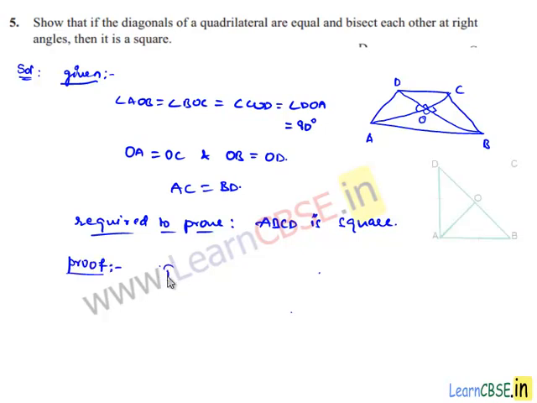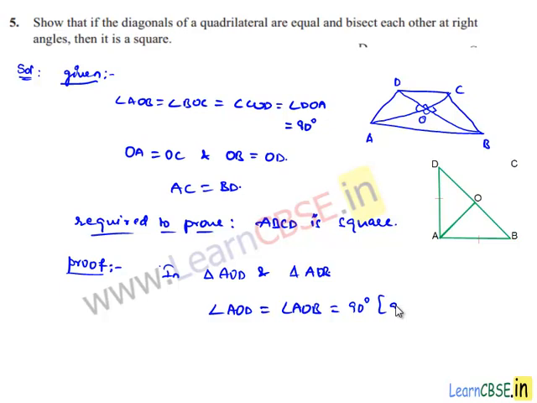Now in the proof, let us consider the two triangles, that is triangle AOD and triangle AOB. Angle AOD is equal to angle AOB is equal to 90 degrees, since he has given that AC and BD bisect each other perpendicularly, and OA will be the common side for both the triangles.